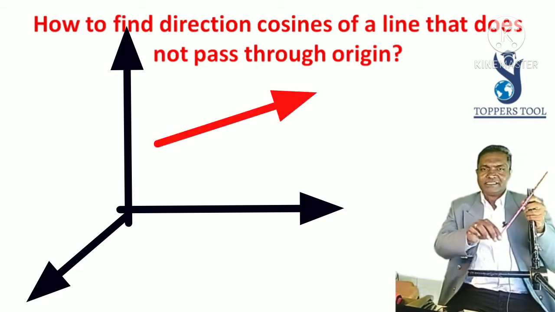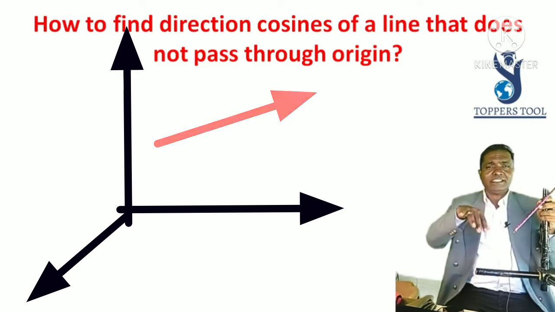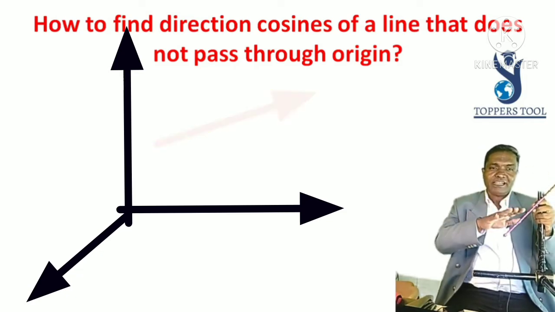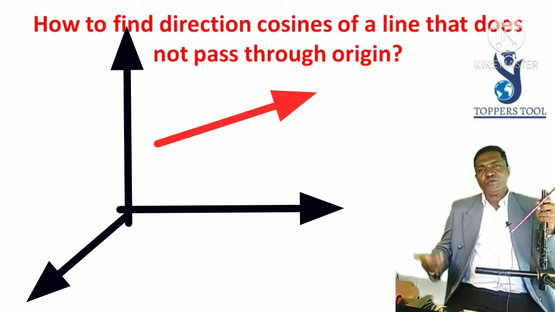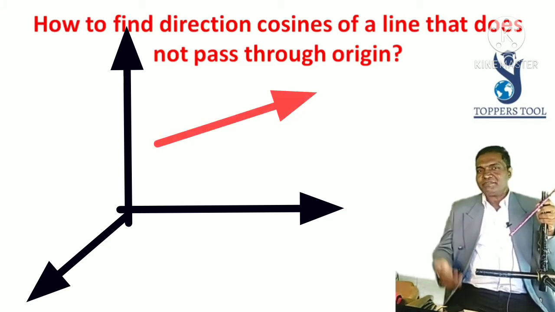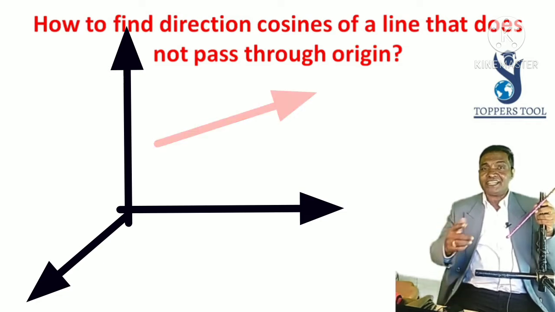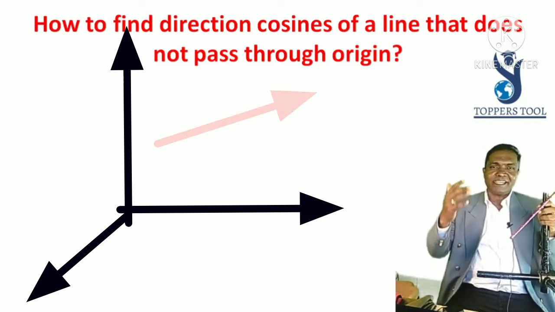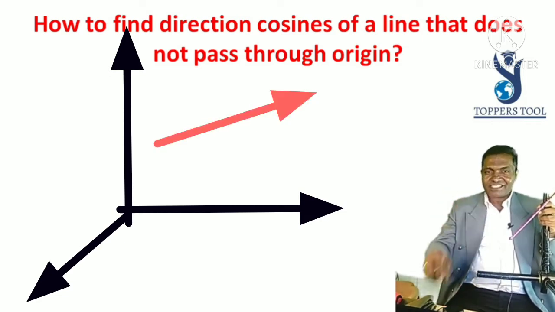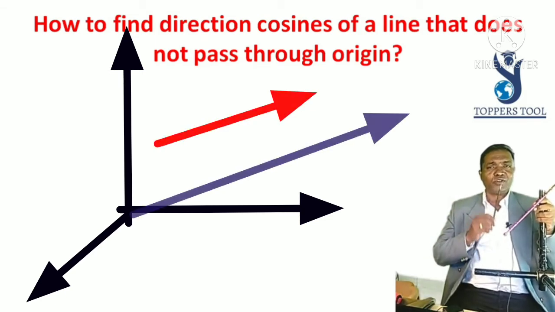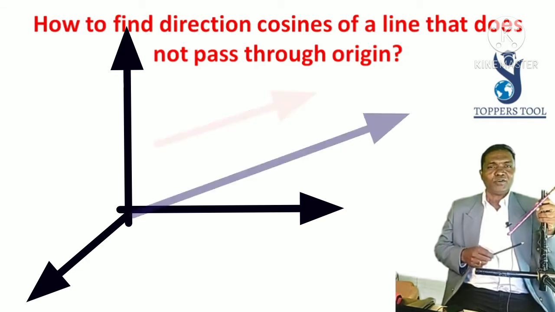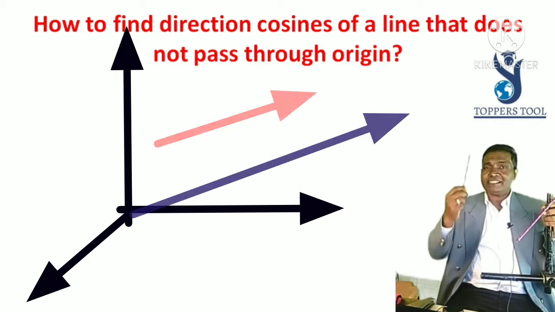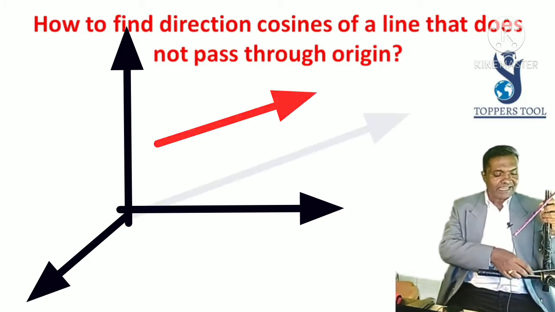What to do? Use the previous property: parallel lines have the same direction cosines. In such a case, you have to draw a line parallel to this passing through the origin and find the direction cosines of that line.